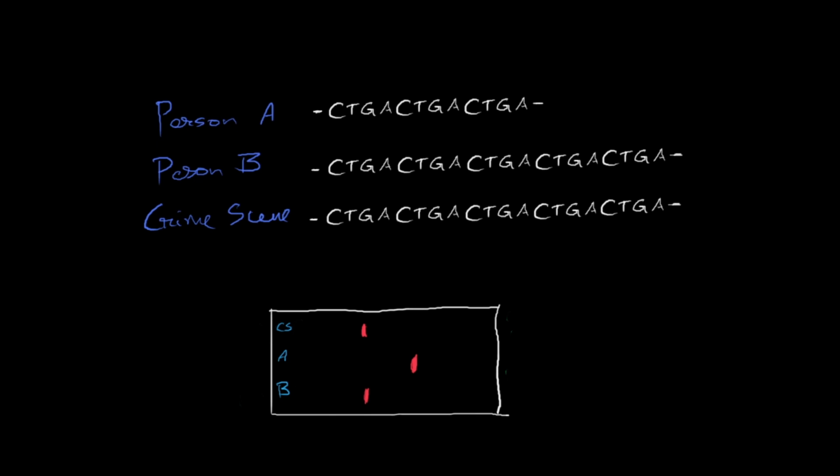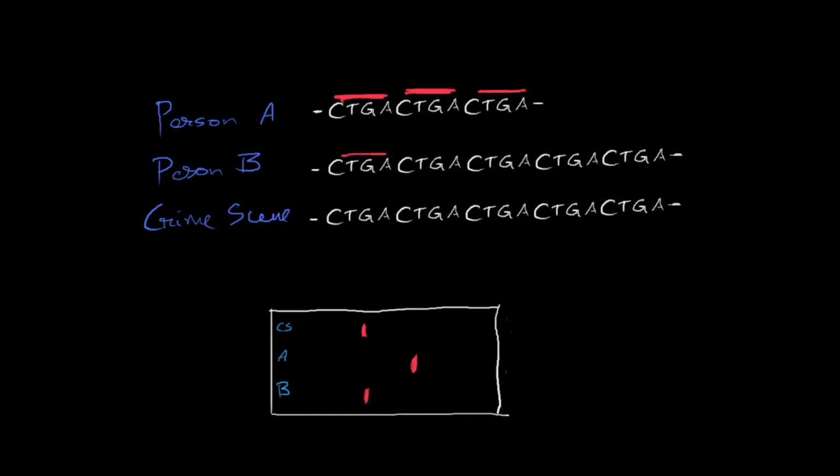So as part of the 0.1% are these regions called variable number tandem repeats, and as you might imagine, if you selectively were to visualize only all CTGAs, then you might see the CTGAs light up, then that's here.